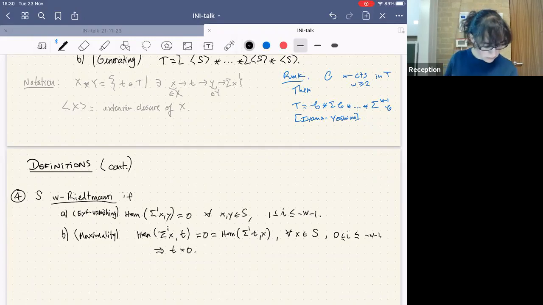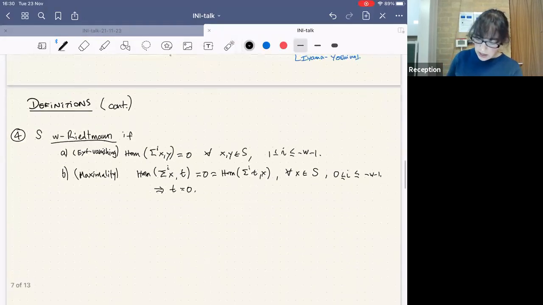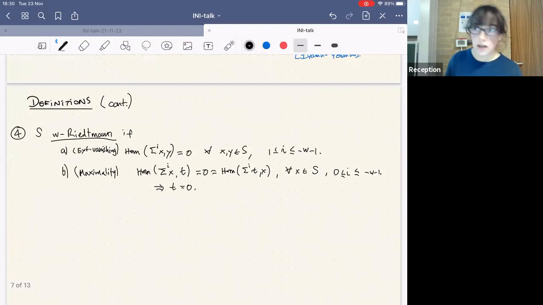Okay, so this is a maximality condition, and so we can relate W-Riemann and simple-minded system in a similar way to weakly cluster tilting and cluster tilting. So theorem.